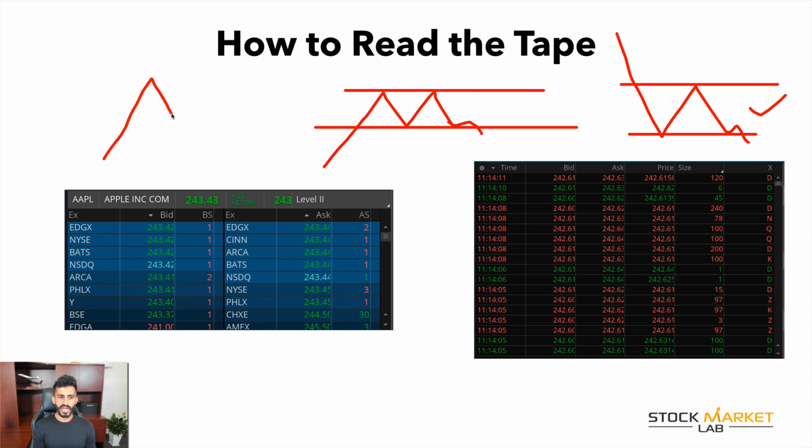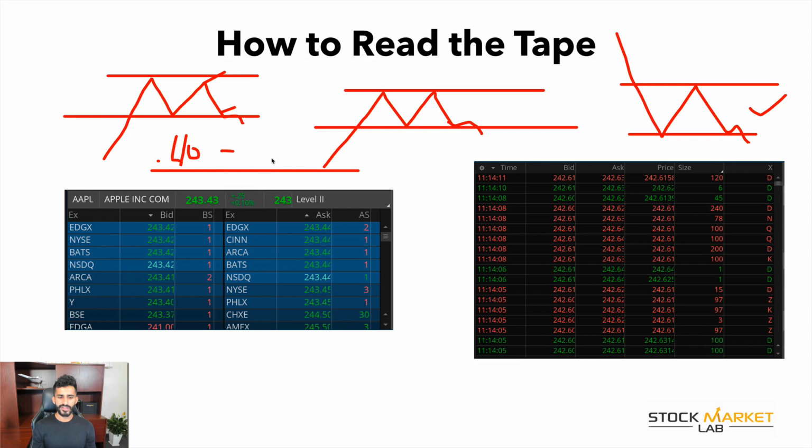If I see a stock do something like this, I'm not really going to go with the idea that it's going to keep dumping. Yes, it can dump, but you also don't want to get faked out on the first move down, or on the first move up. So I would want to see 243.40 hold. If it goes a little below that, that's totally fine, as long as after a few seconds below it, the bid is able to pick back up.